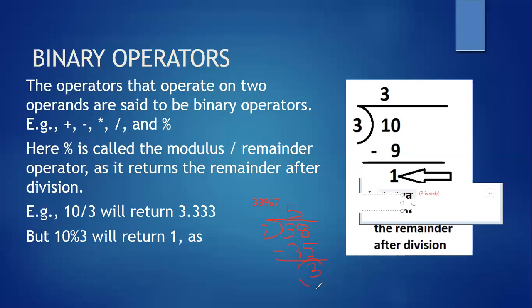No. So what will the computer return? The computer will return 3. Palak, it's not going to be 5, beta. 5 is the quotient. I want the remainder. If you write 38 divided by 7, then you will get the answer as 5. Right now you will get the answer as 3.